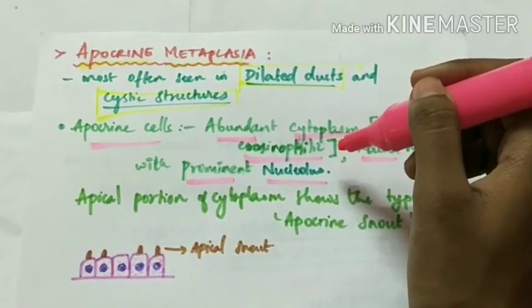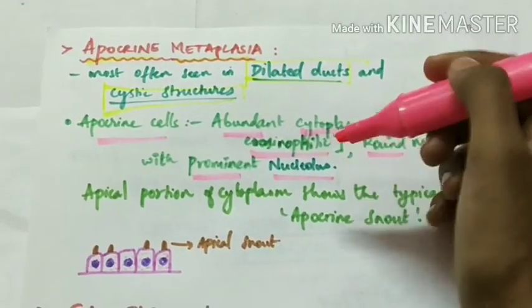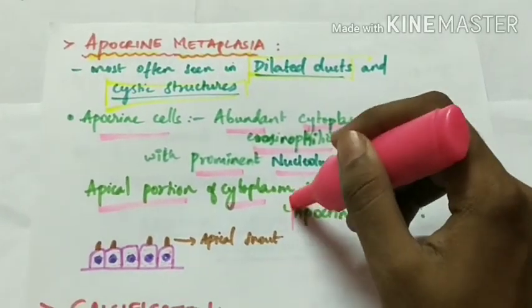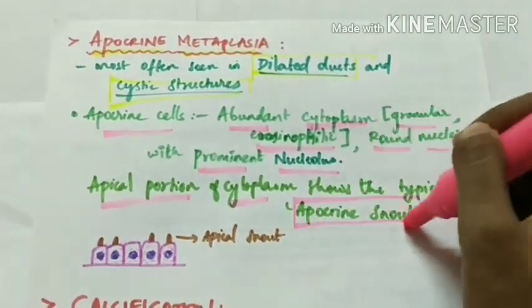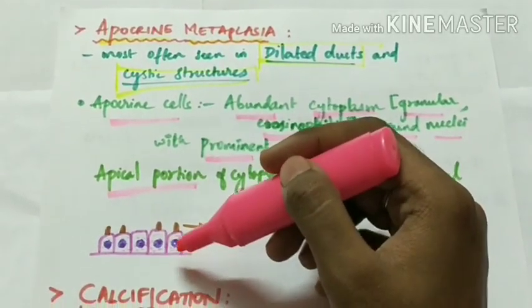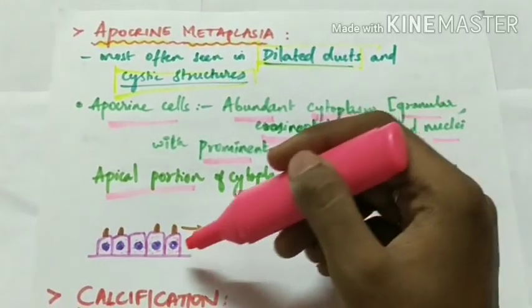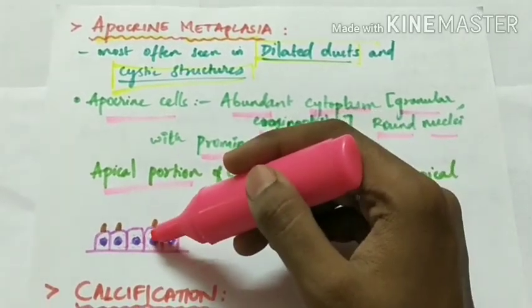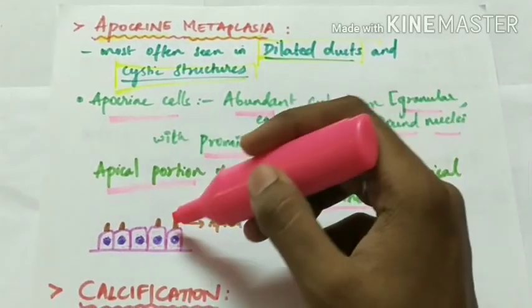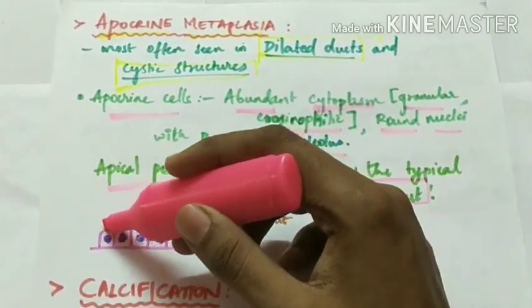So these are the apocrine metaplastic cells. And the apical portion of the cytoplasm shows a typical apocrine snout. So these are the apocrine cells having granular eosinophilic cytoplasm with prominent nucleus and nucleoli, and this is the apocrine snout.